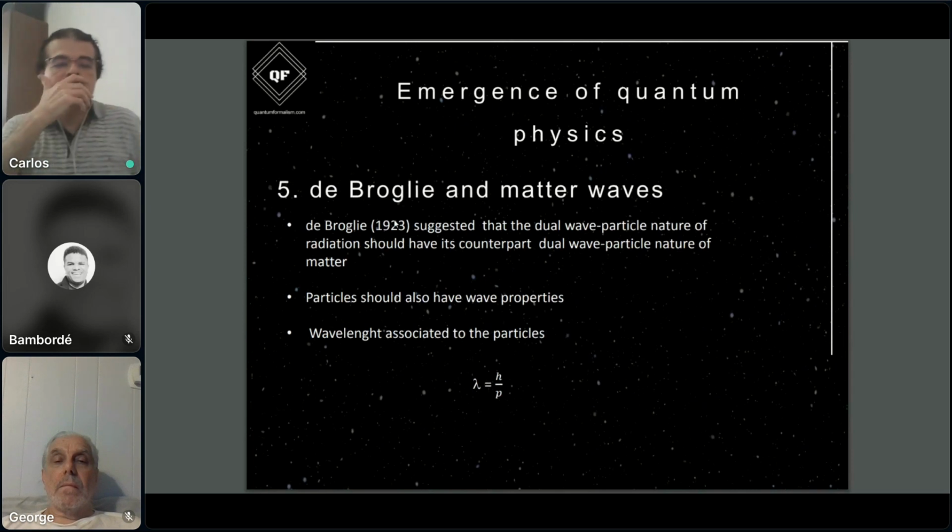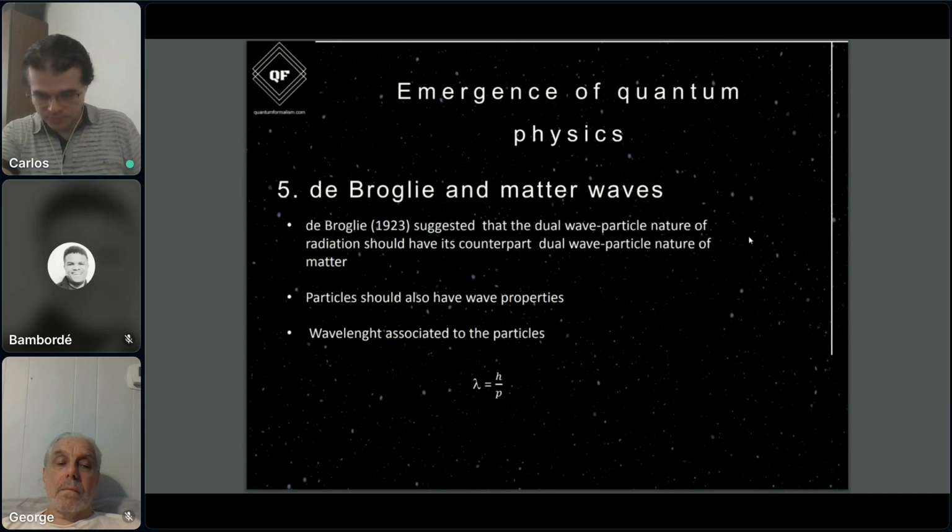So more ideas are coming, and the other is related to de Broglie and matter waves. In 1923, de Broglie suggested that the dual wave-particle nature of radiation should have its counterpart, a dual wave-particle nature of matter.